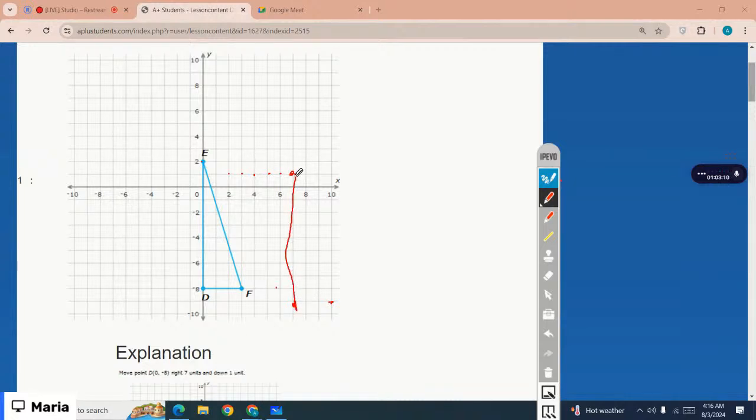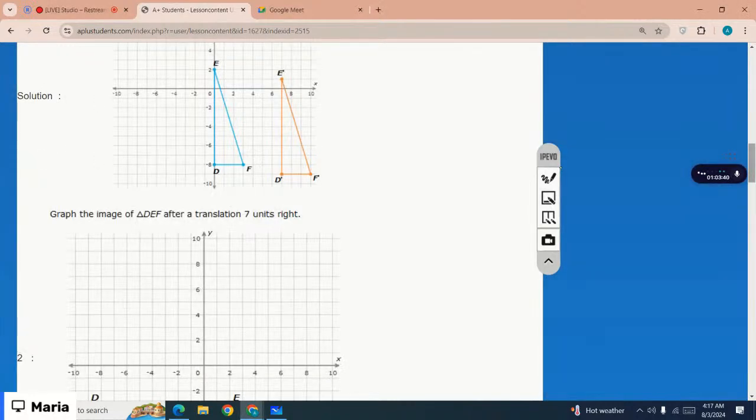You can see all 3 points moved to a new place. Okay, let's just look at the other example.